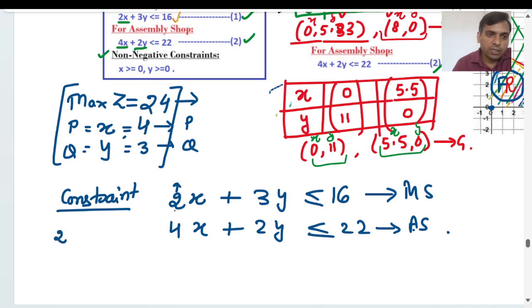The coefficient is 2. Now we will test the output with 10% change, with 20% change. This may be positive or this may be negative. So if 10% decreases, then the time is 1.8 hours. If 10% increases, then the time is 2.2 hours. If 20% decreases, then 1.6 hours, and if 20% increases, then the time is 2.4 hours.